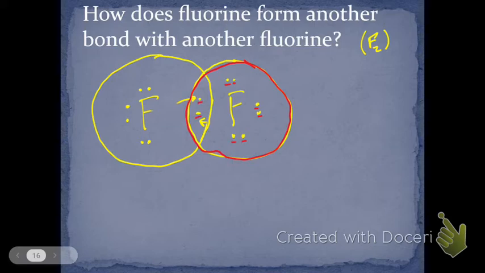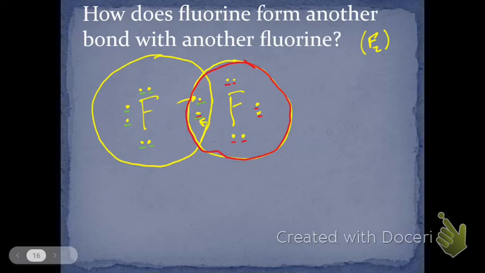And the other fluorine, in green, has 1, 2, 3, 4, 5, 6, 7, 8. So by sharing a pair of electrons, these fluorines have figured out how to get to a stable 8. They just have shared ownership over those 2 electrons, and that's their way of getting an extra electron.